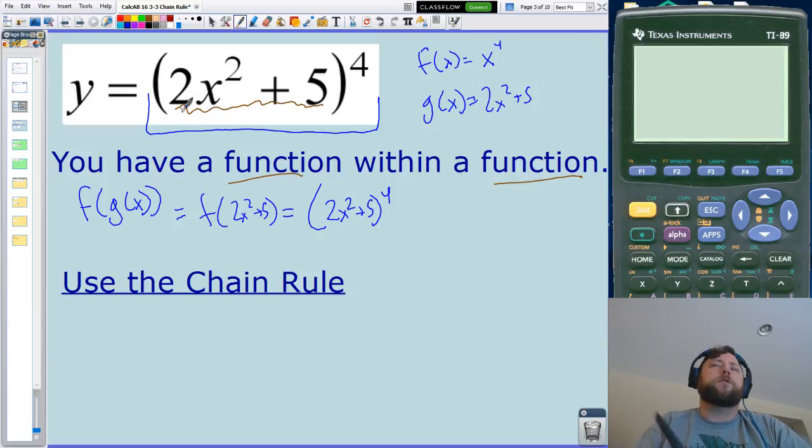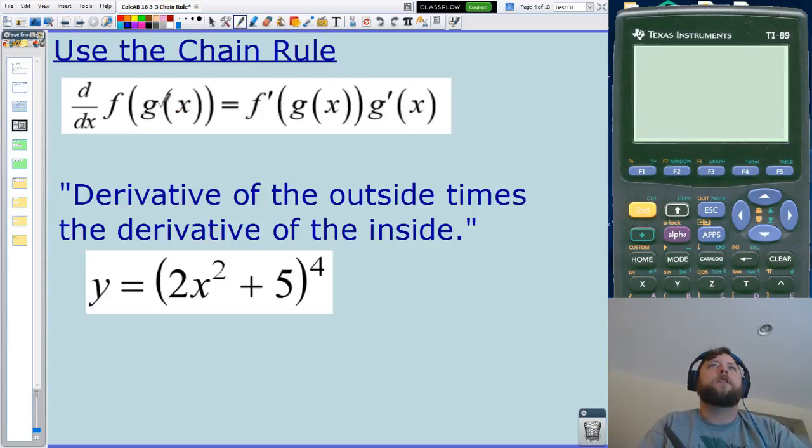And when you want to do a derivative of a composite function, we use something called the chain rule. The chain rule works like this. You have to do the derivative kind of twice, like a chain or combo.